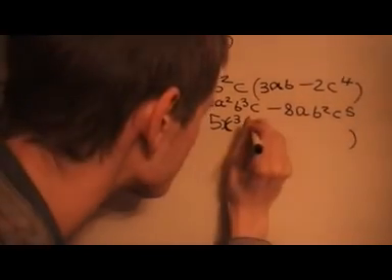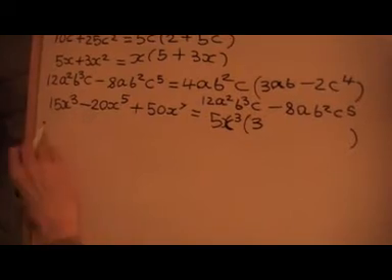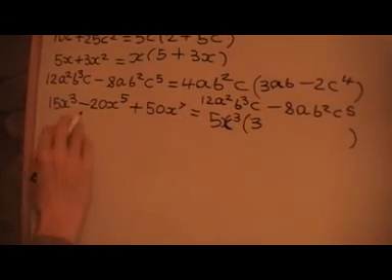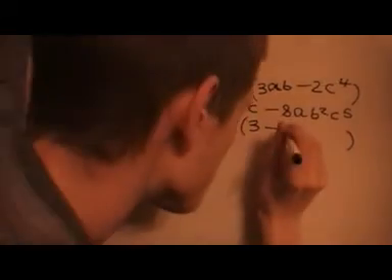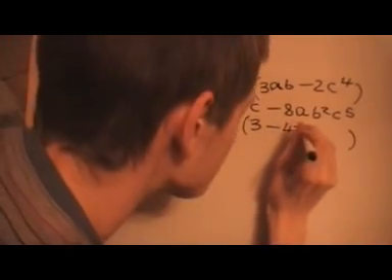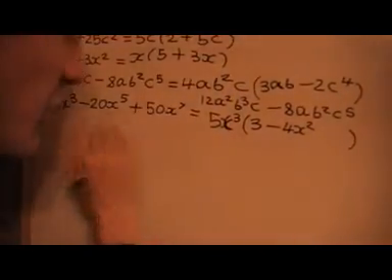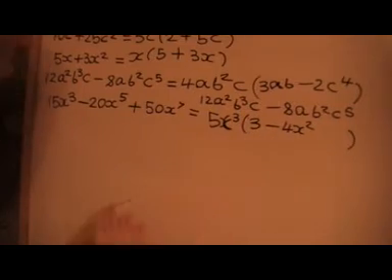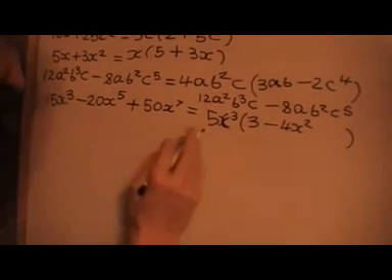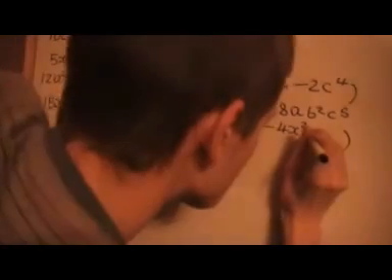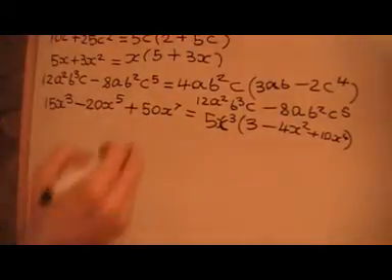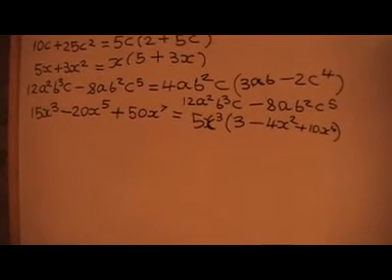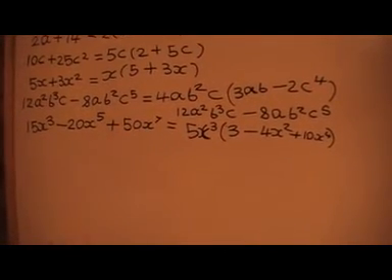And here I need to times that by 3, and then I get 15x to the 3. And this one I need to times by minus 4x squared, and then I get minus 20x to the 5. And this one here I need to multiply by 10x to the 4, and I get 50x to the 7.